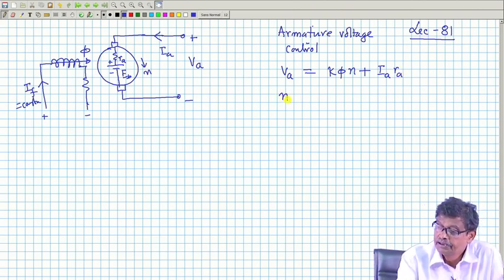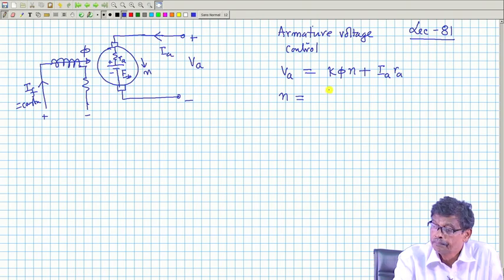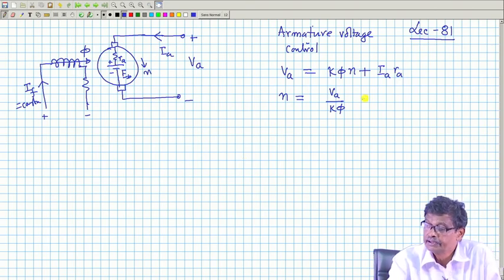Then your speed will be equal to V A by K phi minus R A by K phi into I A. This will be the basic equation.